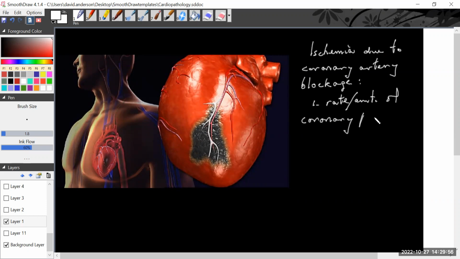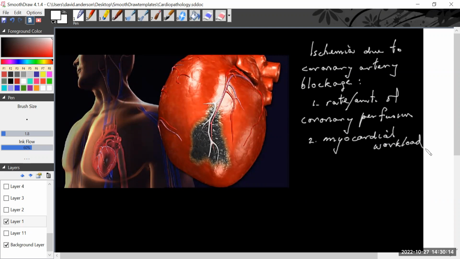I'll explain that in a minute. And the other thing that we want to be aware of is the workload on the heart itself. So what we call myocardial workload, because we have some control over that.